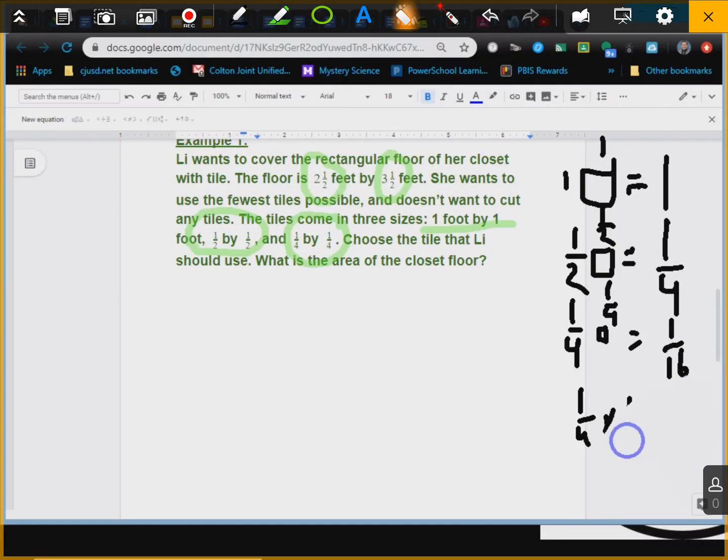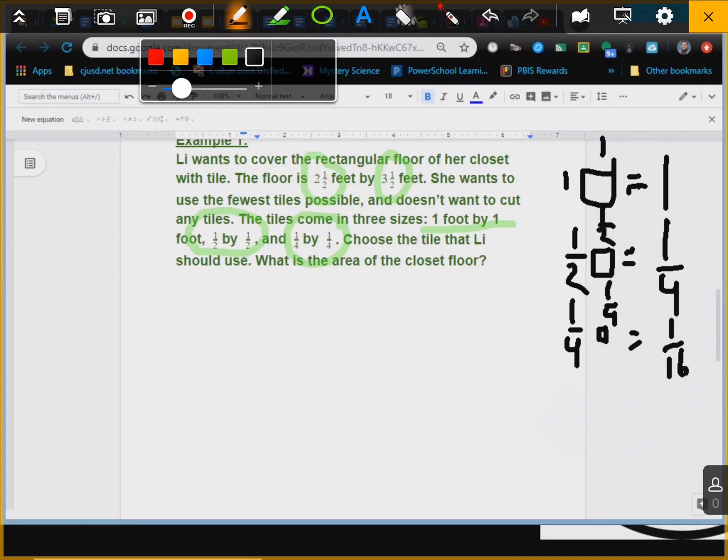So now that we have the areas of those tiles, what we need to do is find out the area of the closet. Let's just say we'll do the 1/2 tiles, because I think that if I use just the ones, it's going to be a whole number, and I don't think that if I multiply these, it's going to be a whole number. So let's just try out with the 1/2s.